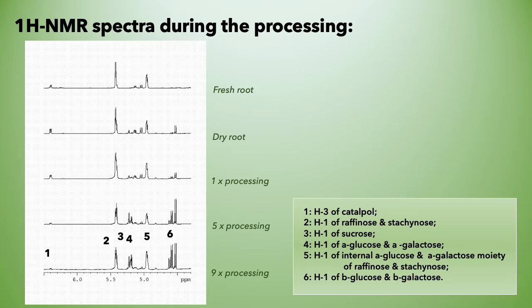So here you can see all different compounds here reflect catalpol number 1. After 9 times processing, they are significantly reduced. But all different other compounds also show variation in either chemical composition or concentrations.